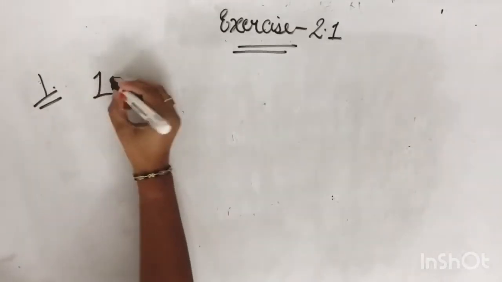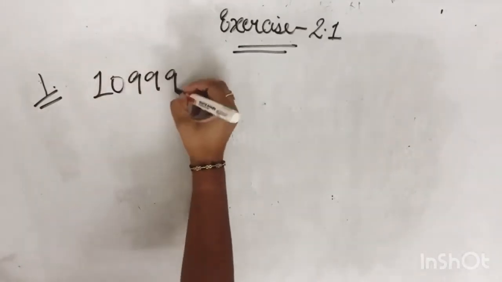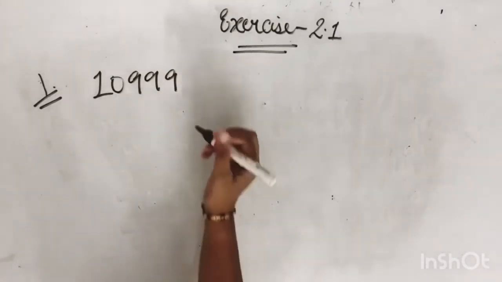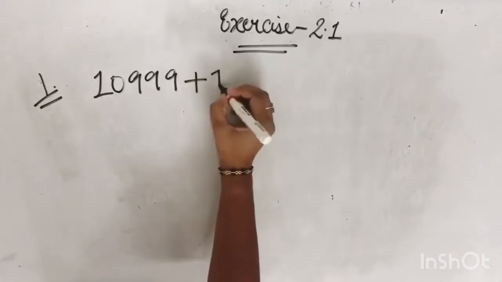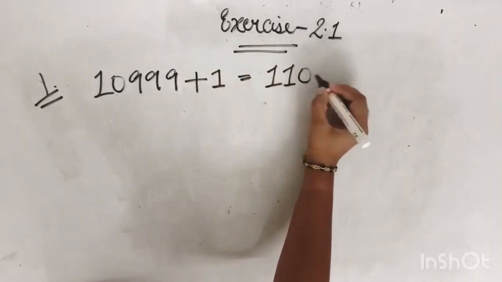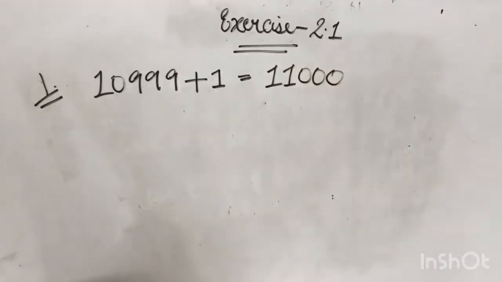Exercise 2.1, first question. Write the three natural numbers after 10999. You have to find the next natural number. It means you have to add 1 to this number. So it will be 11,000.